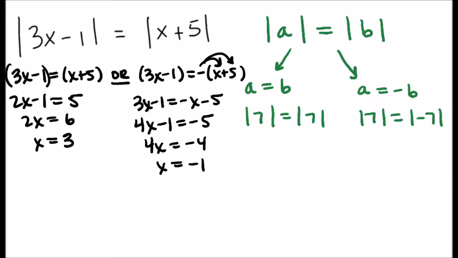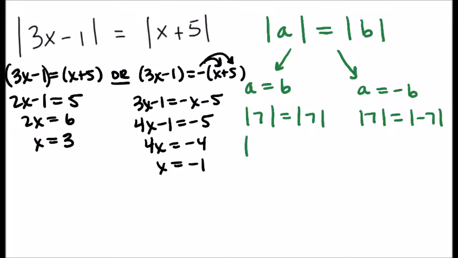Okay, so the question was, why didn't I just multiply 3x minus 1 by negative 1 as well? You could have multiplied 3x minus 1 by the negative 1. But if you had, you would have needed to keep x plus 5 the same. Because if we multiply both of them by negative 1, we're just reconsidering the case where they're exactly the same.